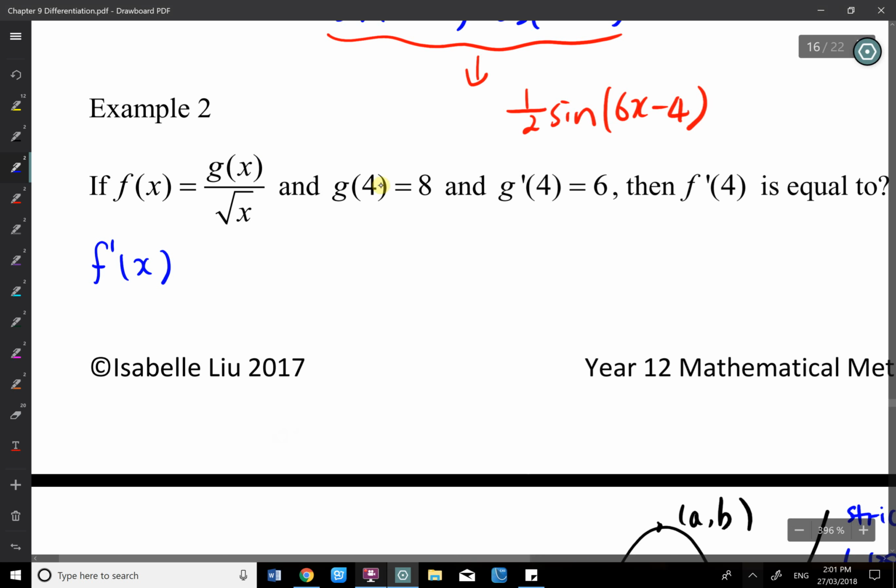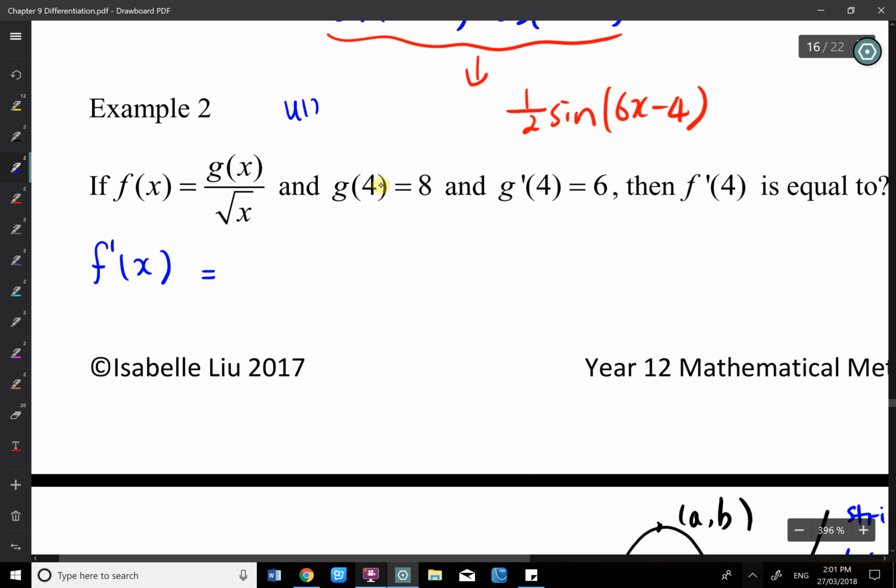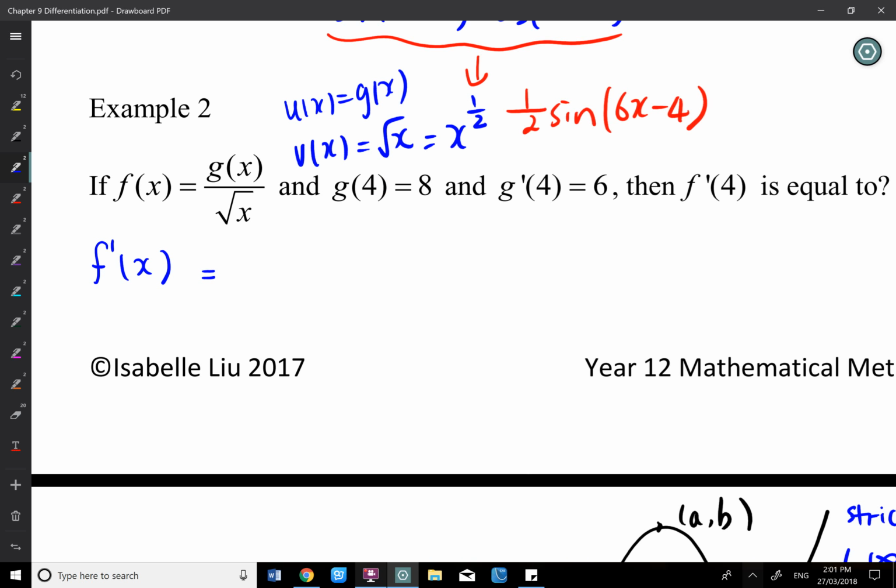First thing, I see in this class and the other class, when we use the quotient rule, the bottom is V(x) already. You don't flip it or make a negative power. So U(x) is g(x), and V(x) is square root x, or x to the power of a half. You don't say negative a half when you use the quotient rule.